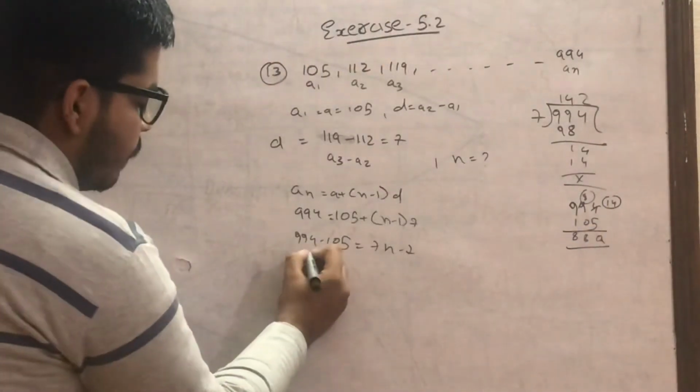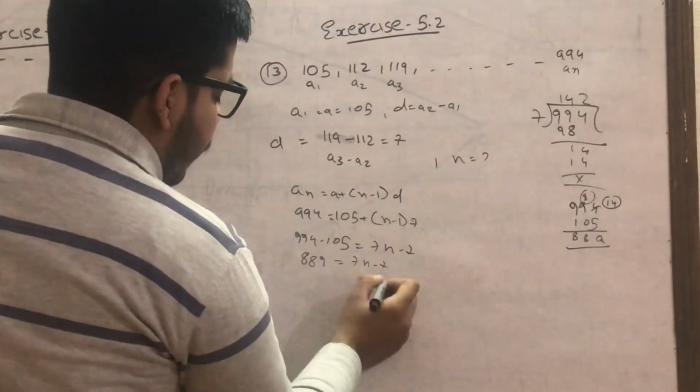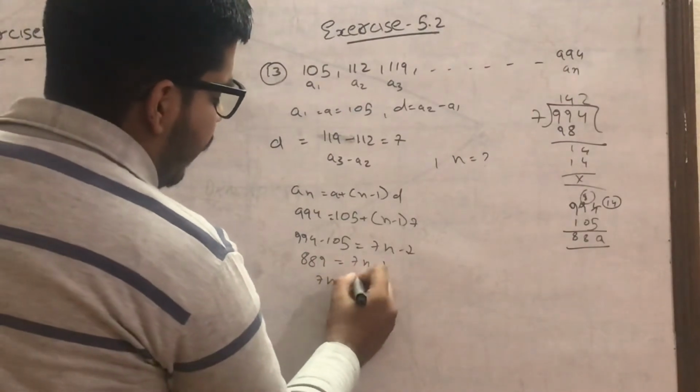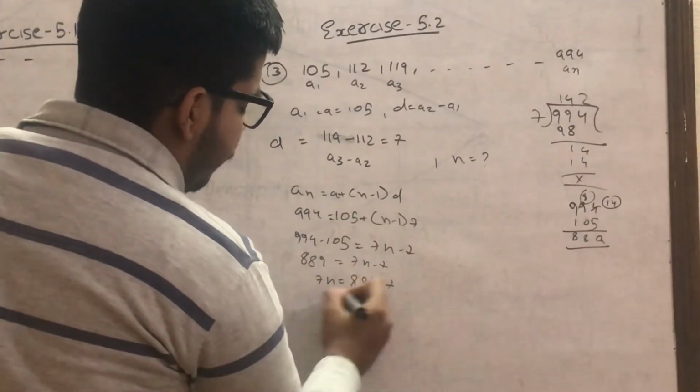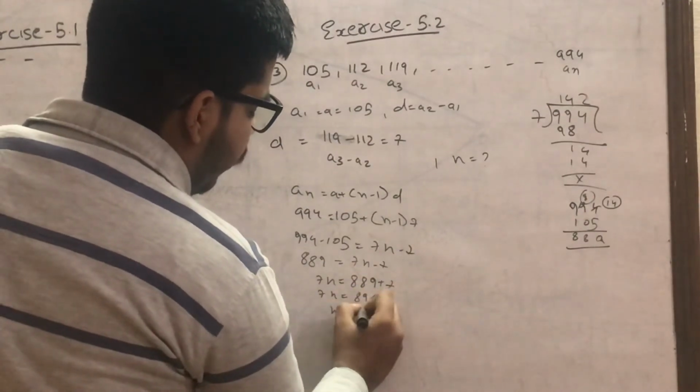That is 889. Now this minus 7 will come here and 7n is equal to 889 plus 7. 7n is equal to 896 and n is equal to 128.